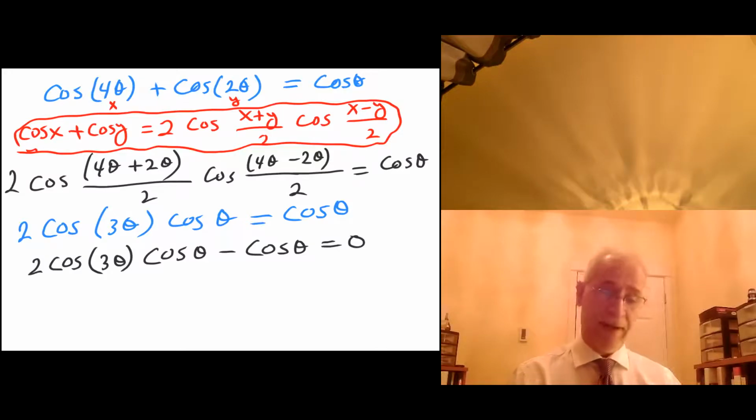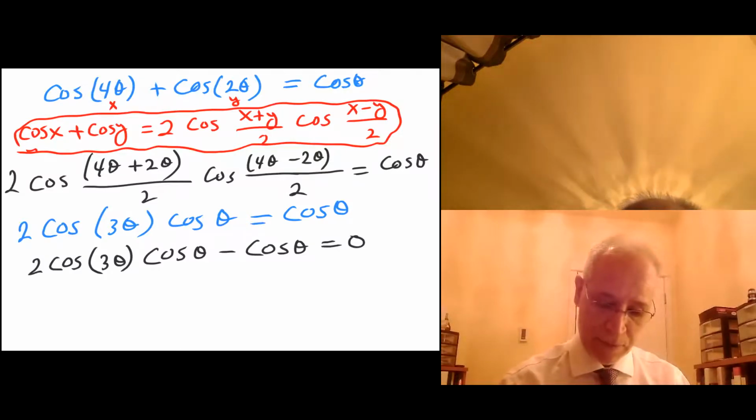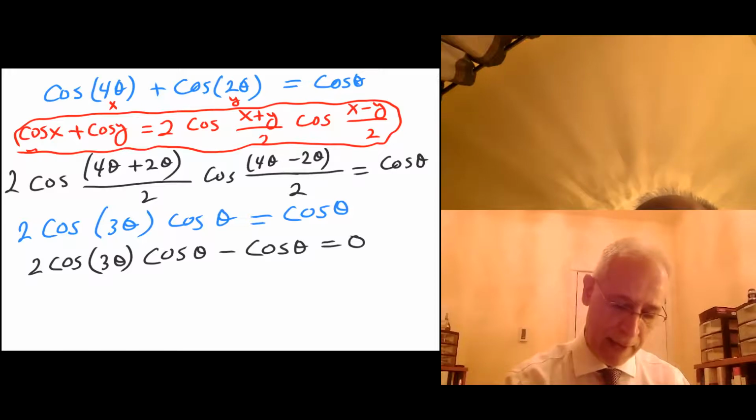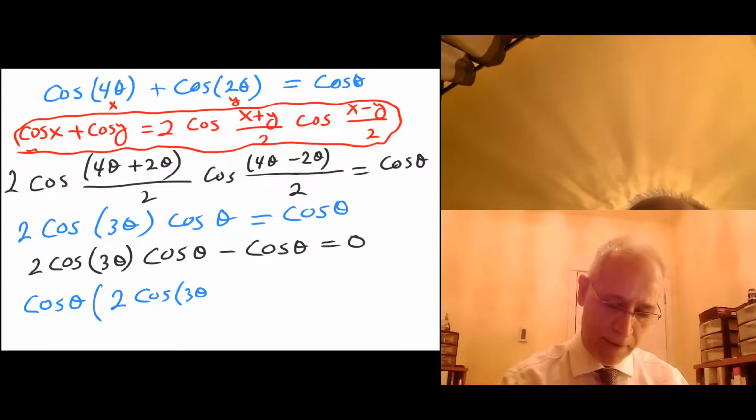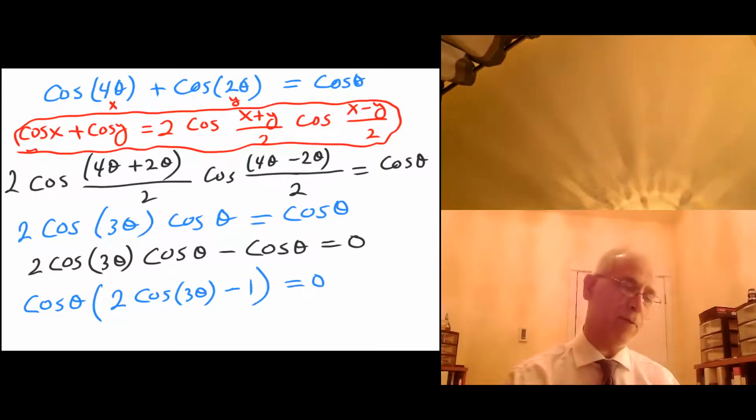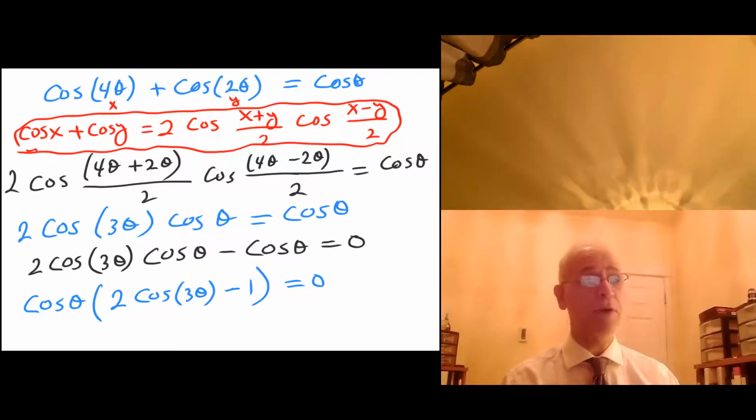Now I can factor cosine of theta out. And so I have cosine of theta times (2 cosine of 3 theta minus 1) equals 0. Now I can use the zero product property.